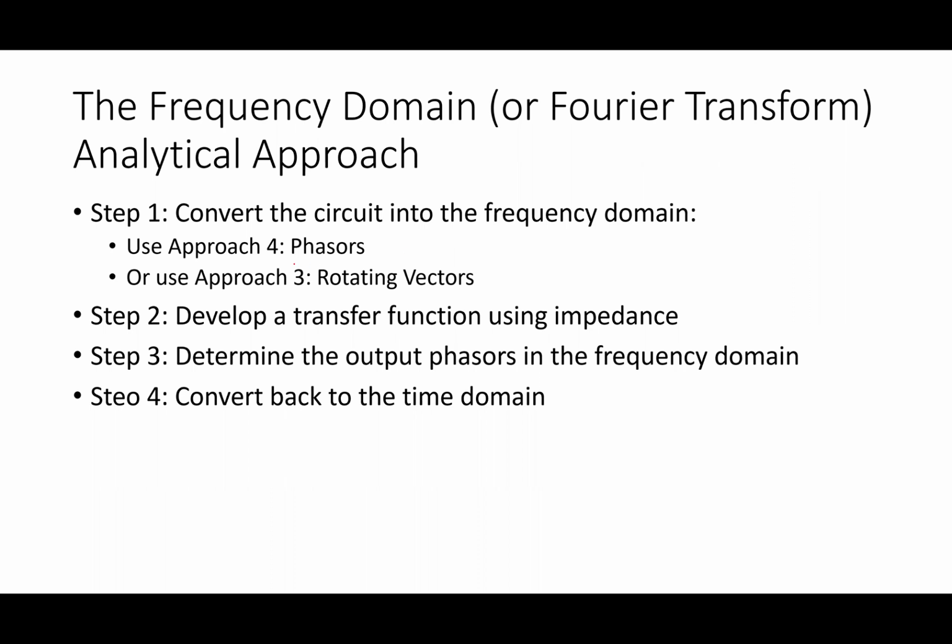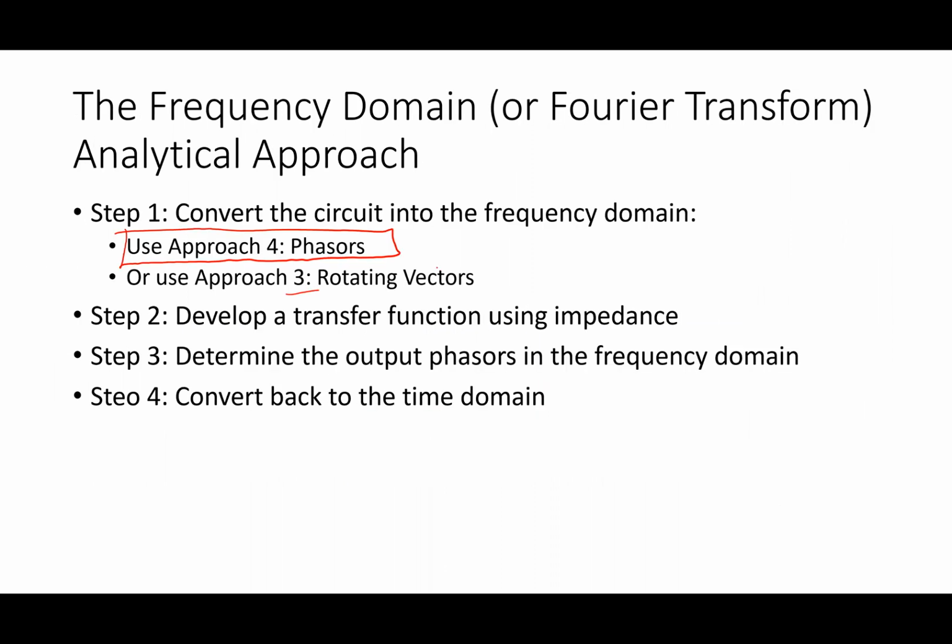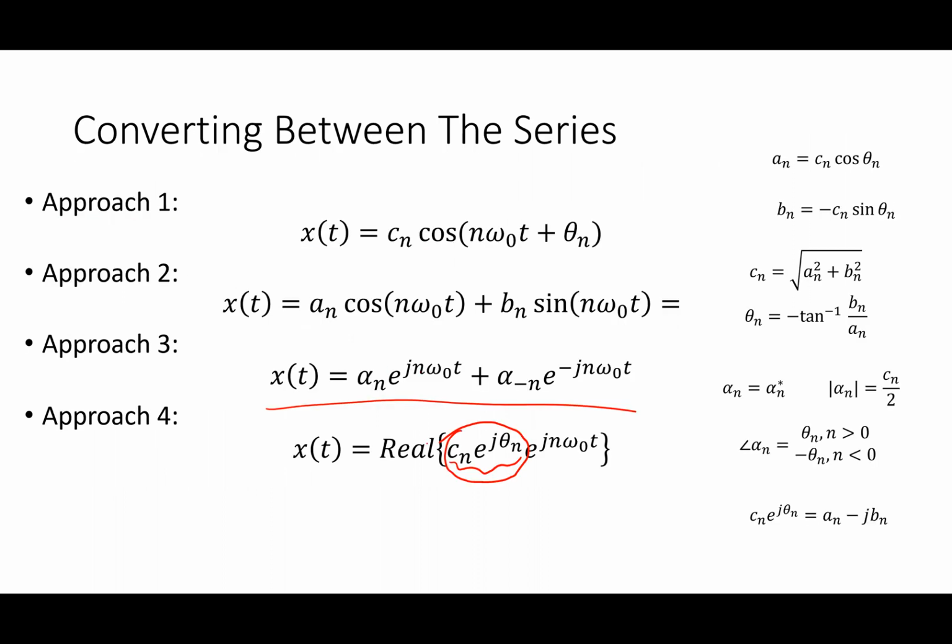The approach that you've been using is this idea of the phasor, which uses my approach number 4, where you took this piece right here. You could also use this approach number 3. What's the difference? The only difference is the magnitudes of these are half of the magnitude of this. It seems like more confusion than it probably needs to be when you're learning this, but I didn't make up the rules.